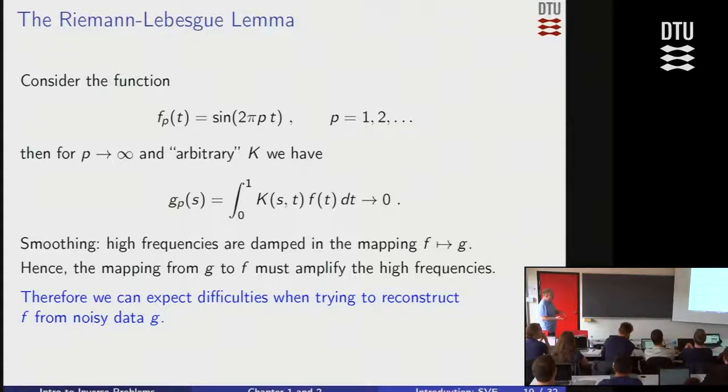So the higher the frequencies, the more damping is going on, going from f to g. And the theory says that for almost any arbitrary k function that you can think of in mathematics, this will hold. There are very, very few restrictions on k.